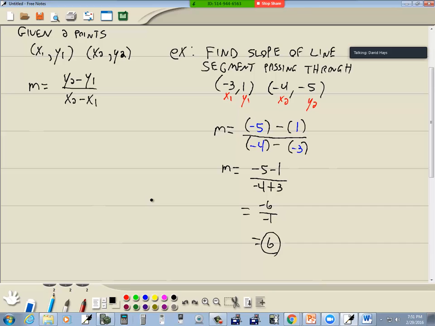Now in some cases, if you're looking at a scatter diagram, and they refer to that in the book, a scatter diagram is just plotting points. If I'm plotting points, and you've got something that more or less looks like a line, and you're trying to find the slope that best represents how these points are progressing, what you do is pick two points you think might represent it.